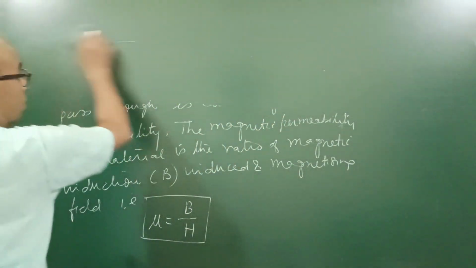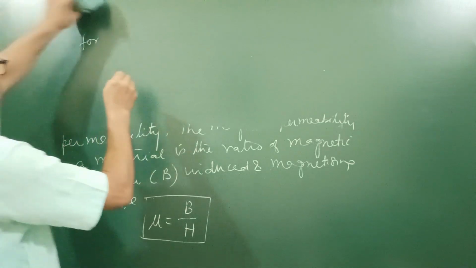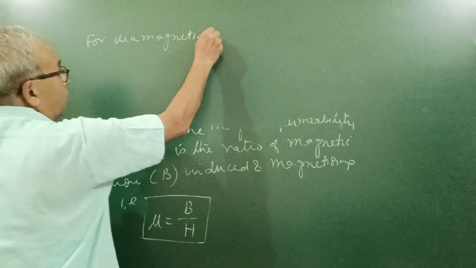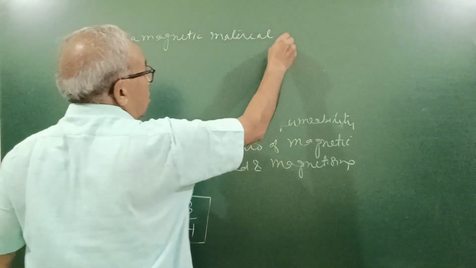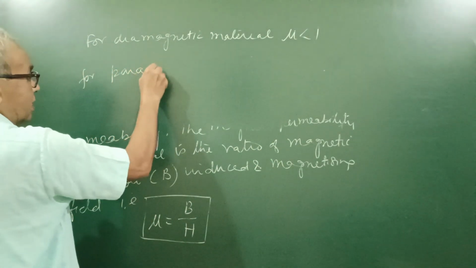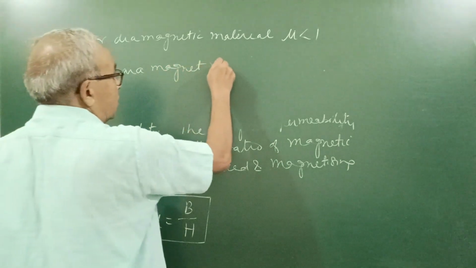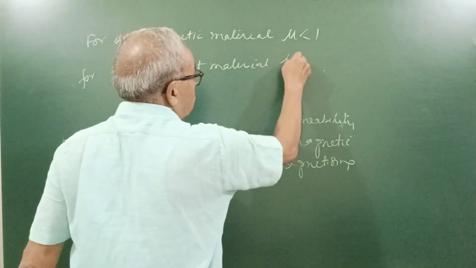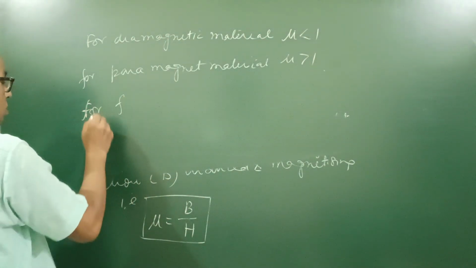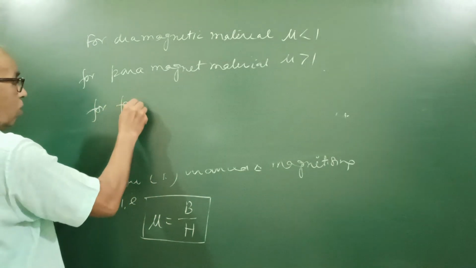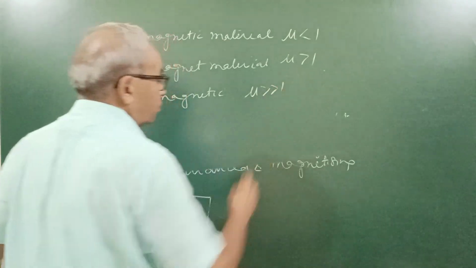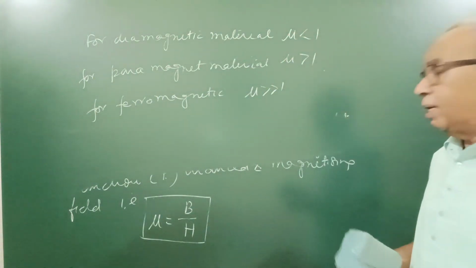For diamagnetic materials, mu is less than 1; for paramagnetic materials, mu is greater than 1; and for ferromagnetic materials, mu is much greater than 1, because it attracts field lines by a large factor.